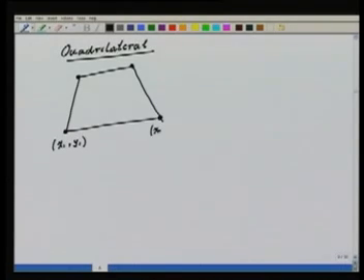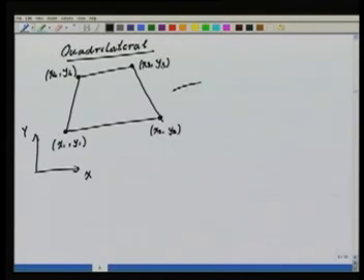It's a generic quadrilateral. x2, y2, x3, y3, and x4, y4. What we are going to do, so let's say I have the xy coordinate system somewhere, x, y.